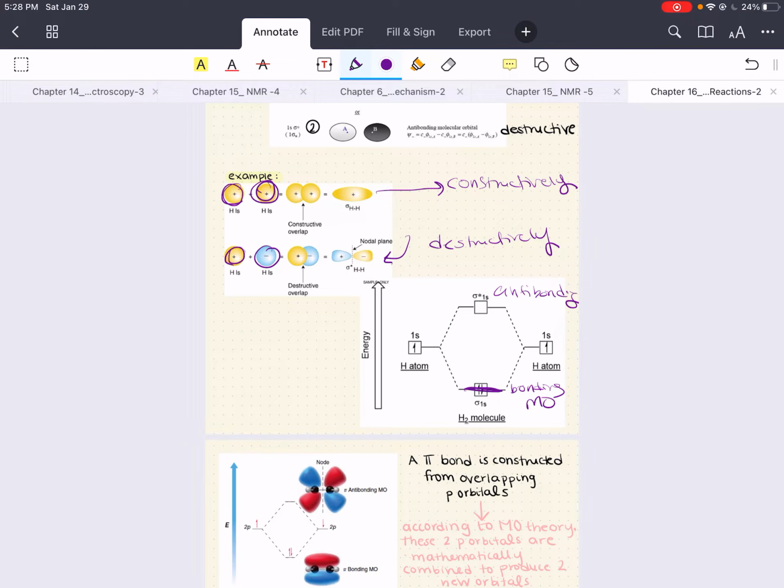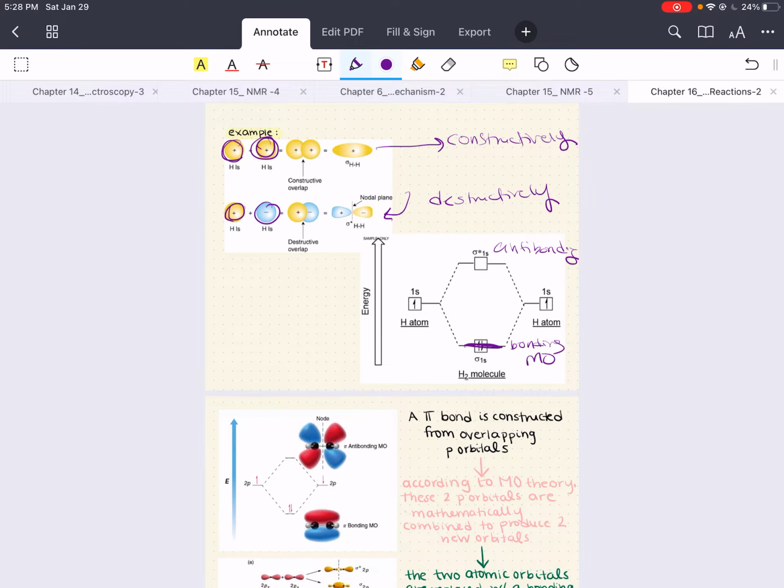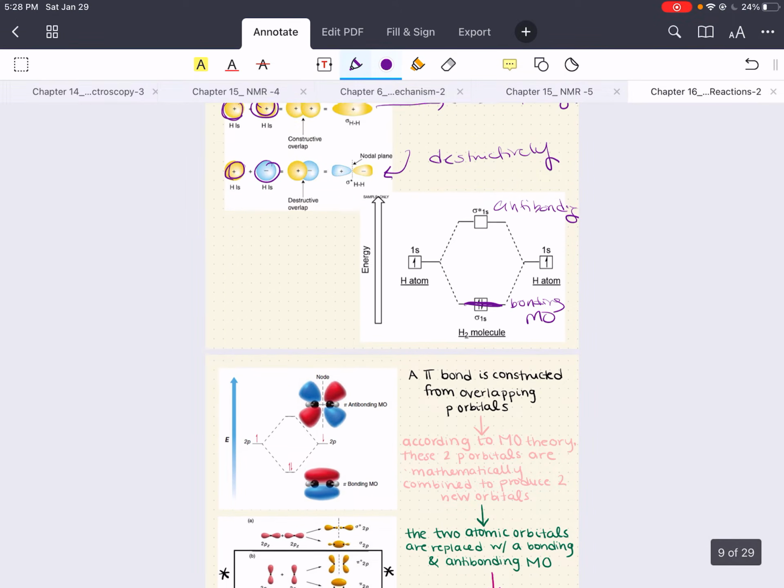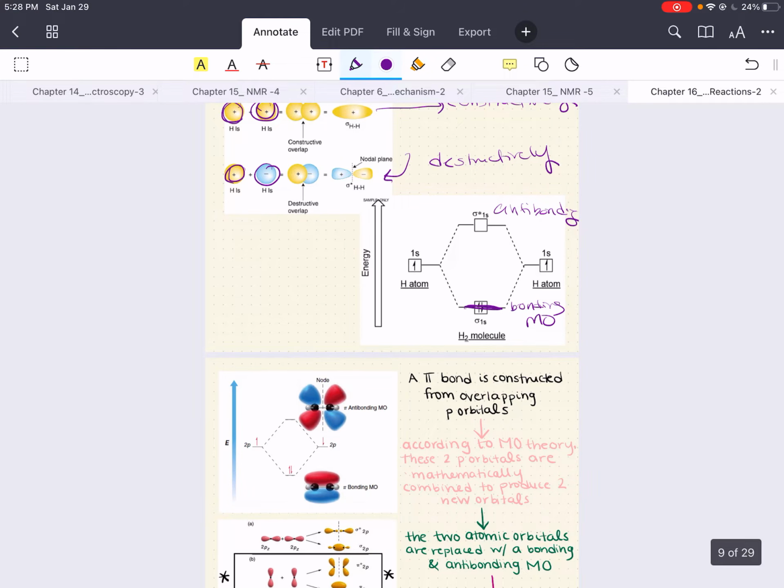Now, recall that a pi bond is constructed from overlapping p orbitals. So now, according to MO theory, these two atomic p orbitals can be combined to produce two new orbitals, a bonding MO and an anti-bonding MO.